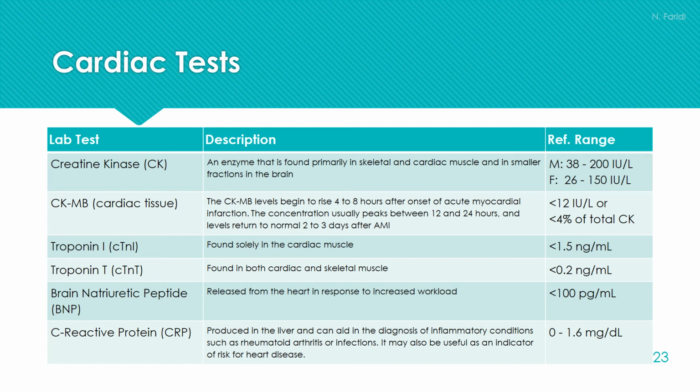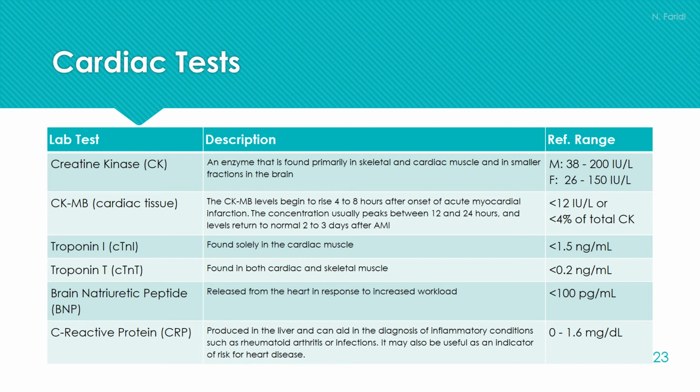This is similar to CK, however, this is specific to cardiac tissue and does not appear in the brain. So the levels of this enzyme will begin to rise 4 to 8 hours after a patient has had an MI. So getting the baseline CKMB levels and continuing to monitor if a patient presents for a potential MI would be useful.